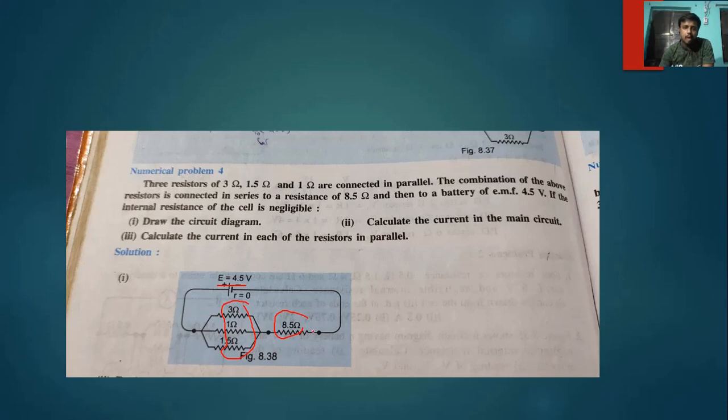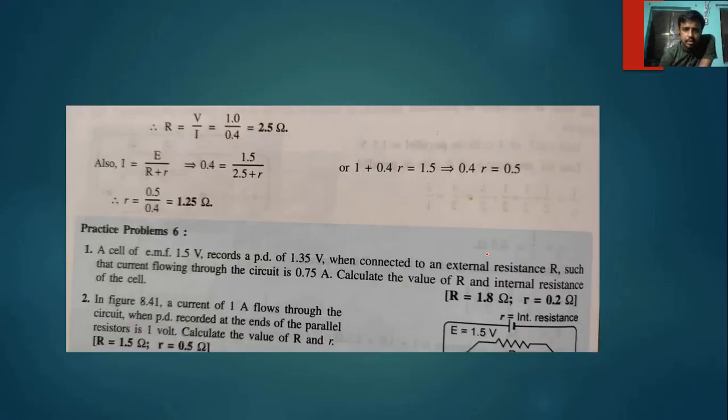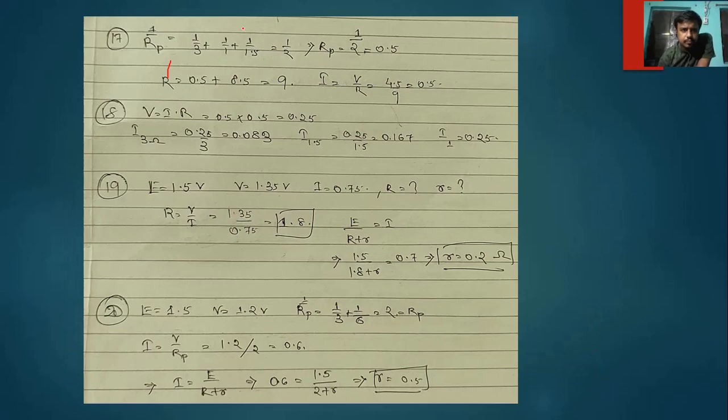Okay, so we have to calculate that equivalent resistance. After you calculate the equivalent resistance, the potential difference is given 4.5 volt. So we can find the current in the main circuit. Yeah, 1 by Rp is 1 by 3 plus 1 by 1 plus 1 by 1.5, that would equal to 1 by 2.